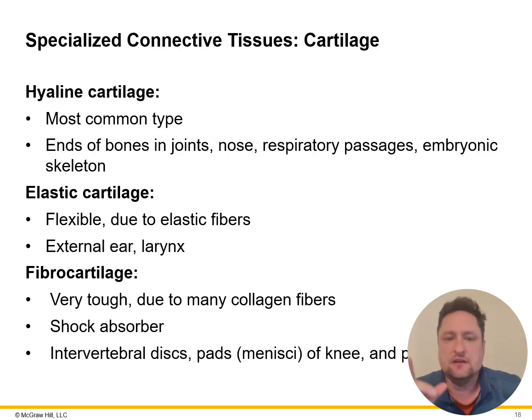And finally, we have fibrocartilage, which has many collagen fibers and functions as a shock absorber in intervertebral discs and knee meniscus. Together, these provide support. They also reduce friction and absorb mechanical stress during movement.